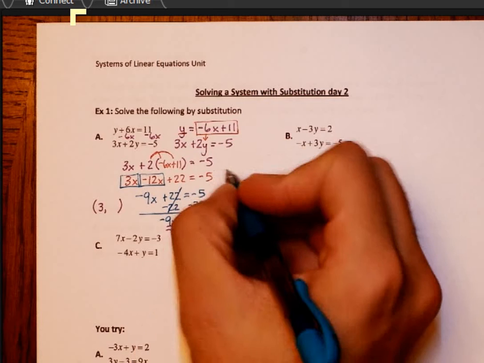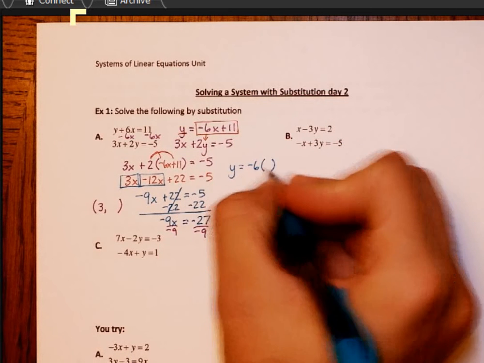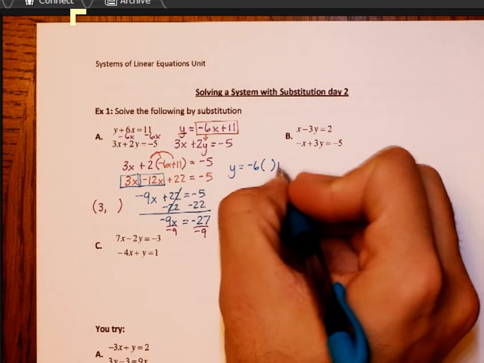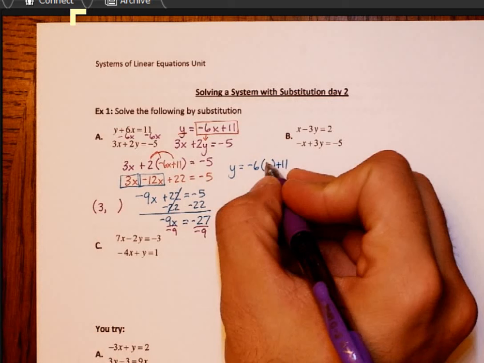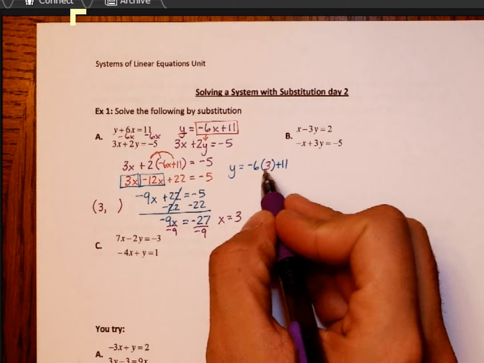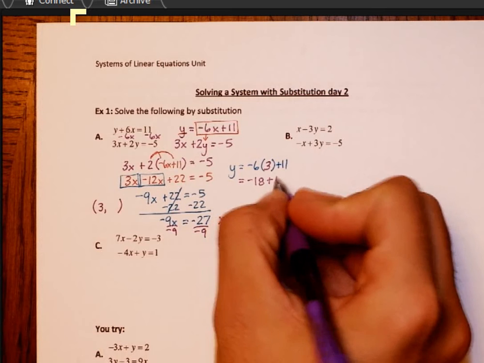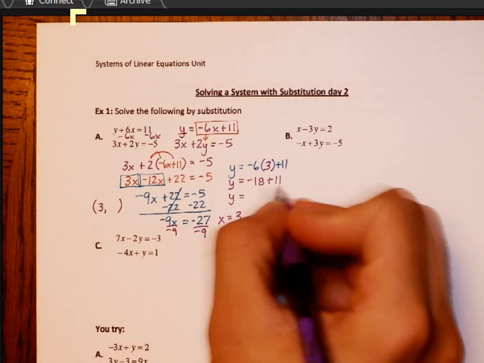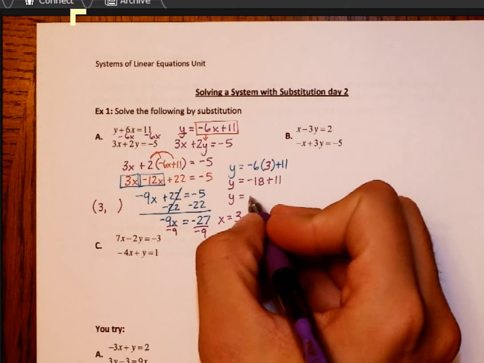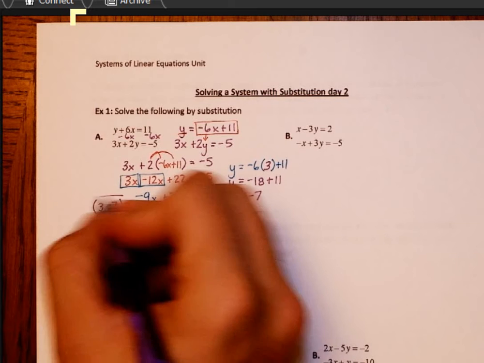So y equals negative 6 times x, so I'm going to use parentheses, and then plus 11. So what goes in the parentheses? The value of x, which is 3. So negative 6 times 3 is negative 18. So y equals negative 18 plus 11. When I simplify here, I get y is equal to negative 7. So my solution here is 3, comma, negative 7.